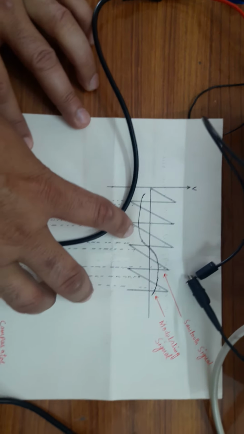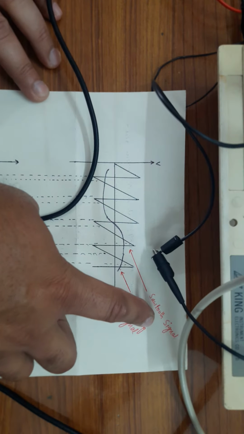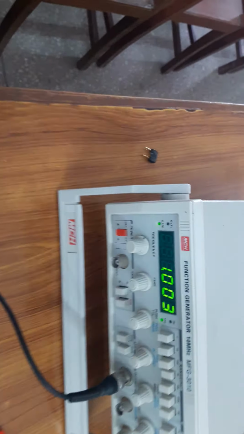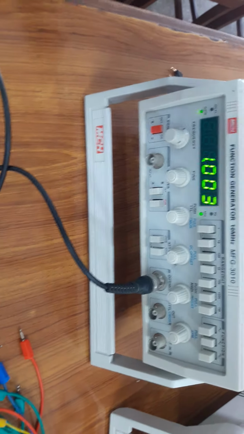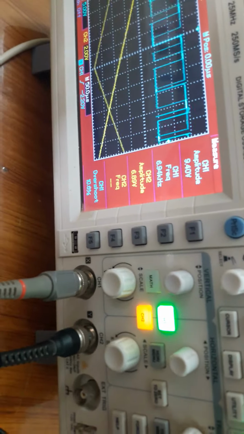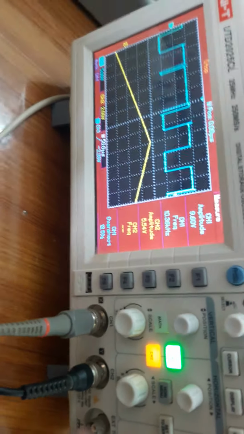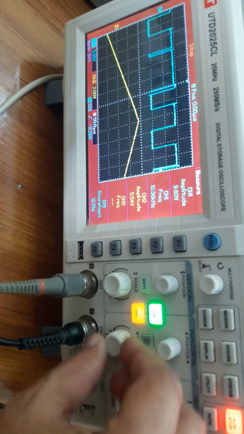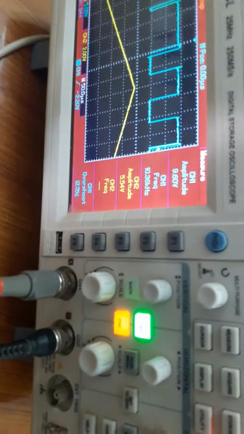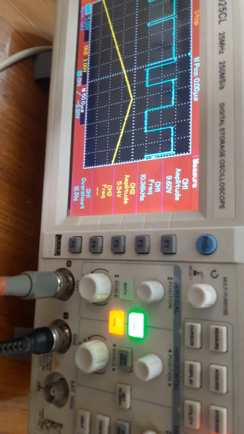Now this is our sawtooth signal which I am applying in the input side, it is 1 kHz. Here you can see the sawtooth is 1 kHz. Here I am applying it.